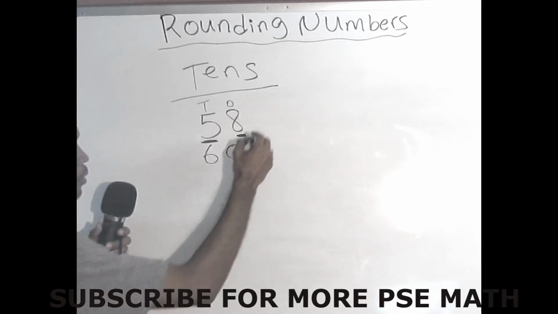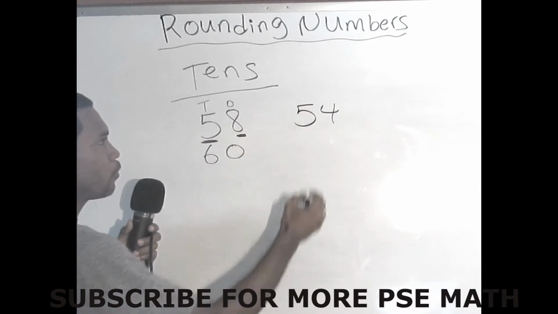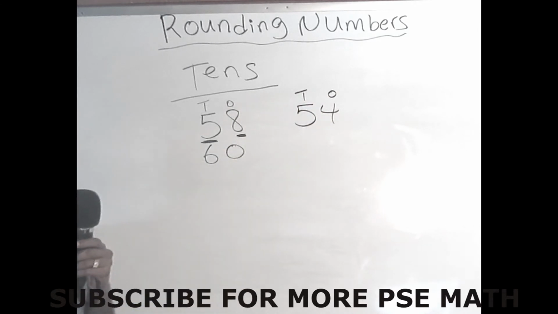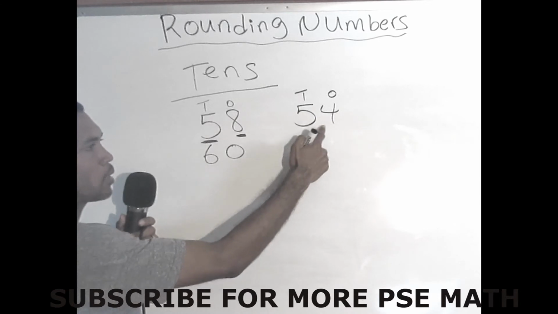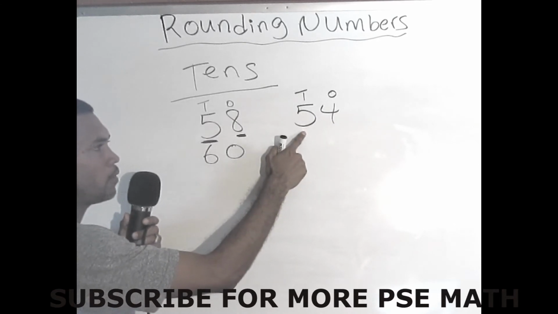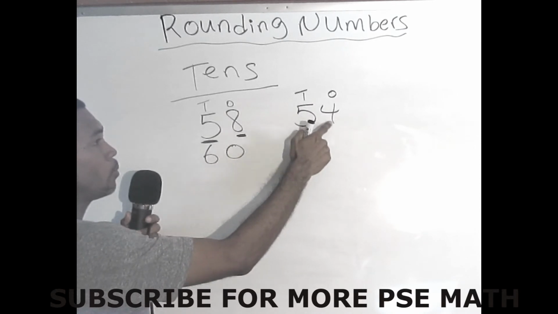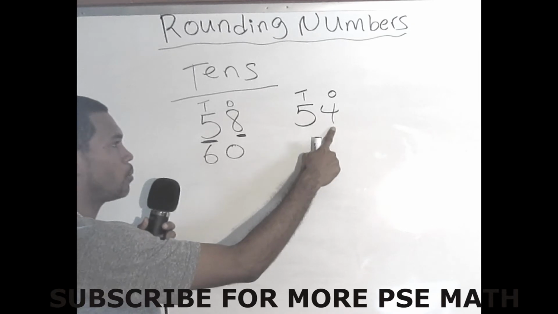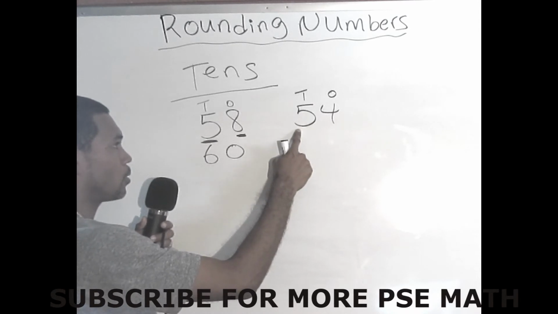Let's place another number. This time, let's round 54 to the nearest tens. You have ones, tens. So the first thing you want to do is to find which number is in the tens place. The 5 is in the tens place. And when rounding a number, you look at the number before. Remember, the rule says that if the number before the number that you're rounding is 5, 6, 7, 8, or 9, you will add 1 to this number.